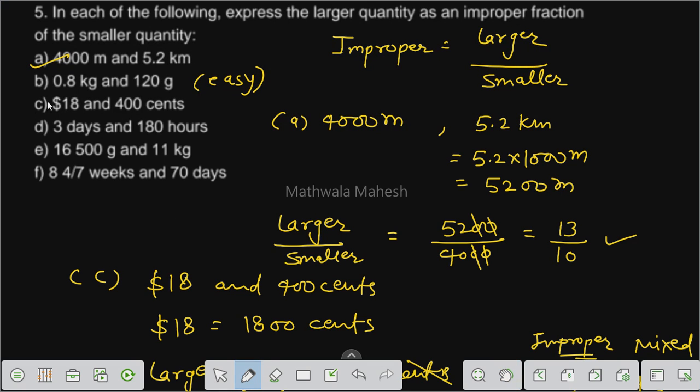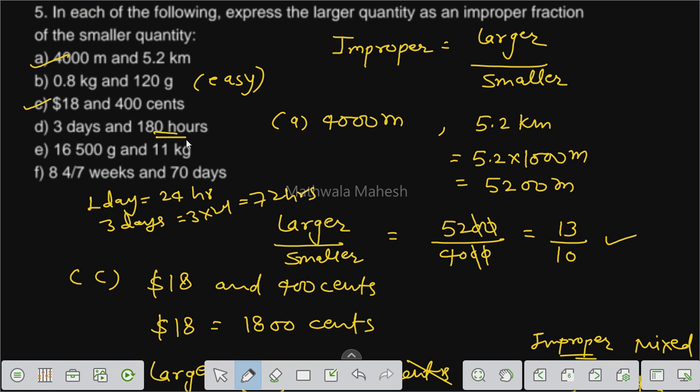Okay, this one I have done. You can do this one. 3 days. We know that 1 day equal to 24 hours. So 3 days equal to 3 into 24 means 72 hours.